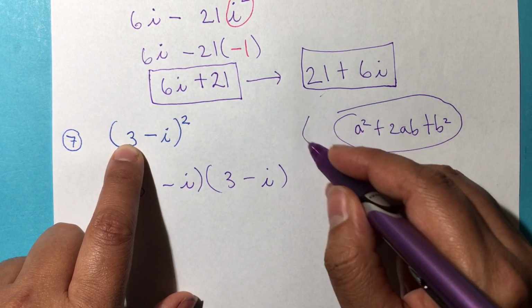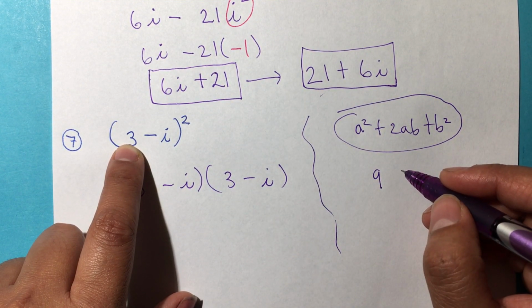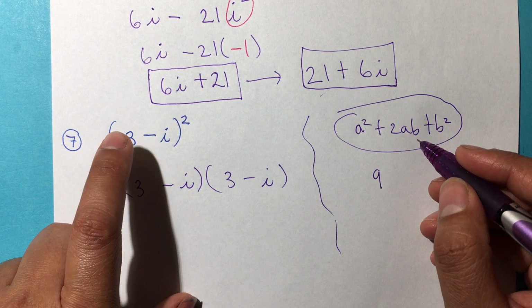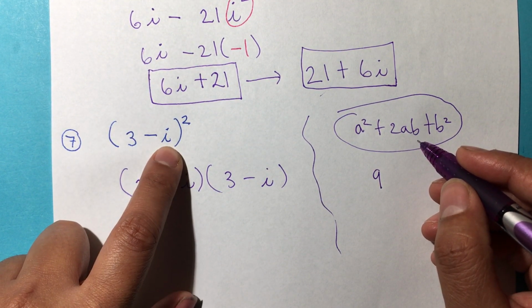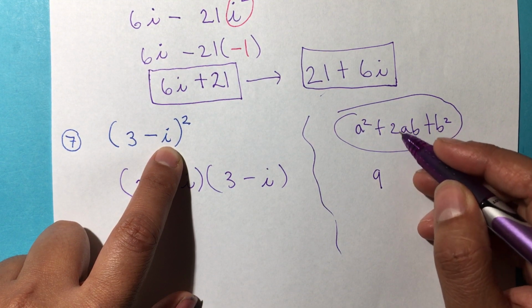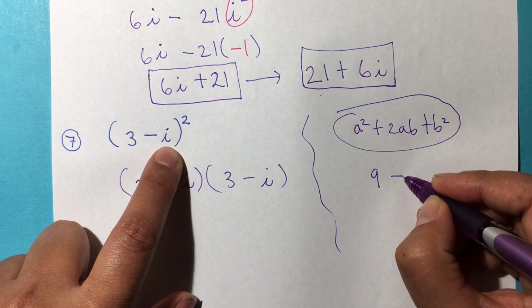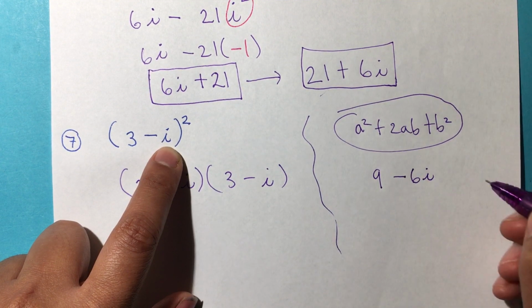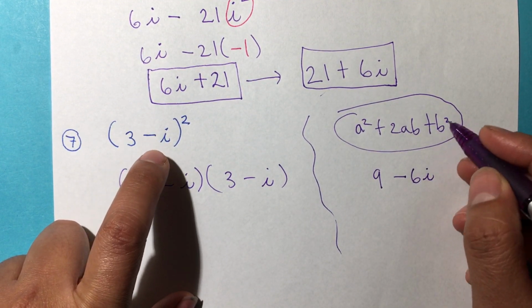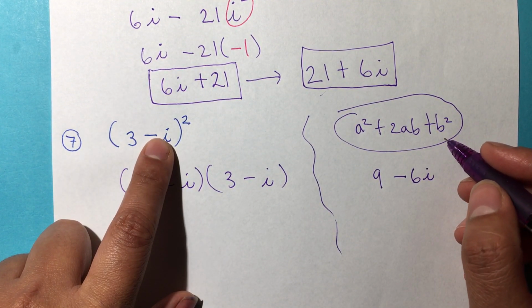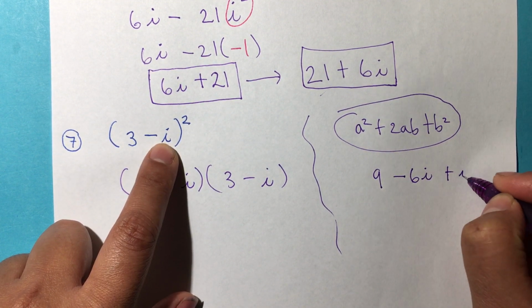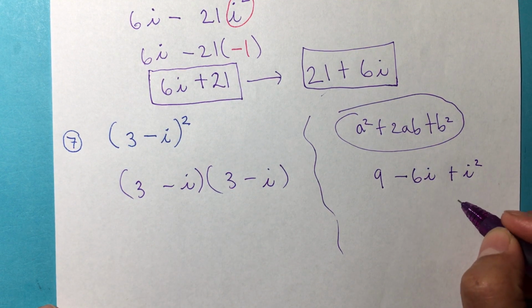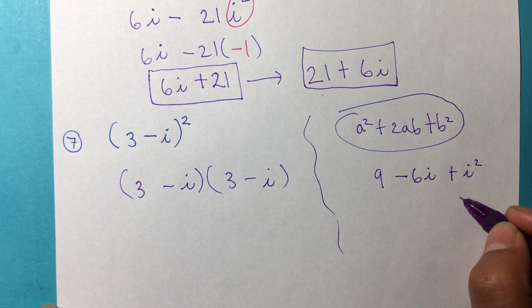Let me do it over here with the shortcut. 2ab means multiply the first term with the second, so 3 times negative i is negative 3i, and double it, multiply it by 2, so it will be negative 6i. And then b squared means the second term multiplied by itself. Negative i times negative i is positive i squared. This is like we have a 1 in here.